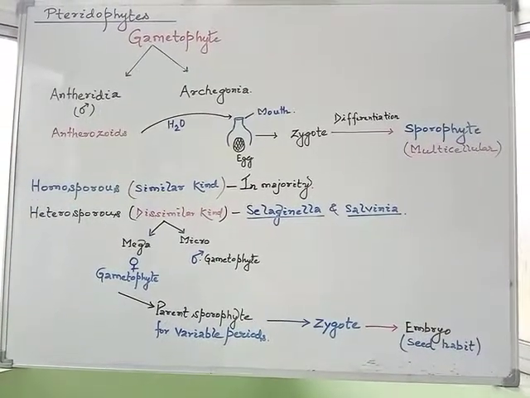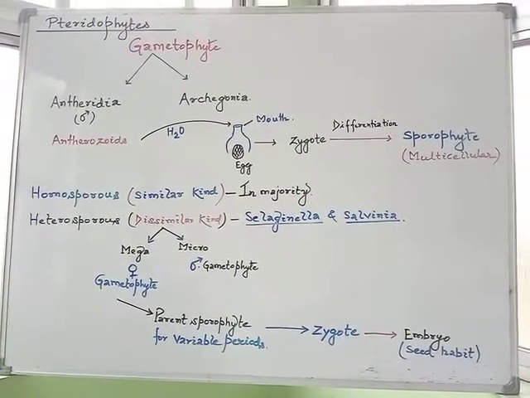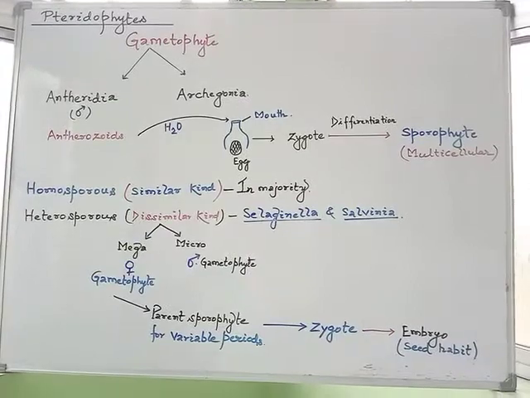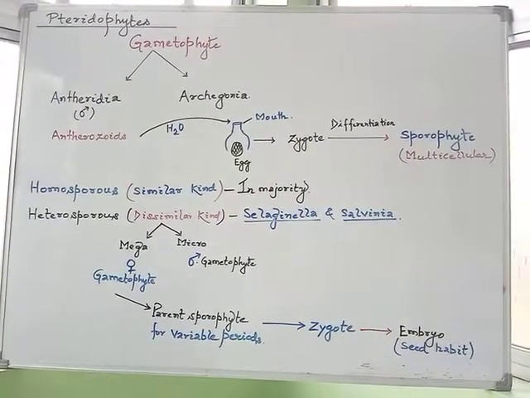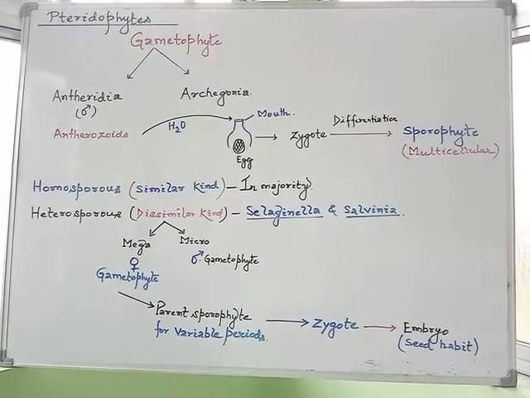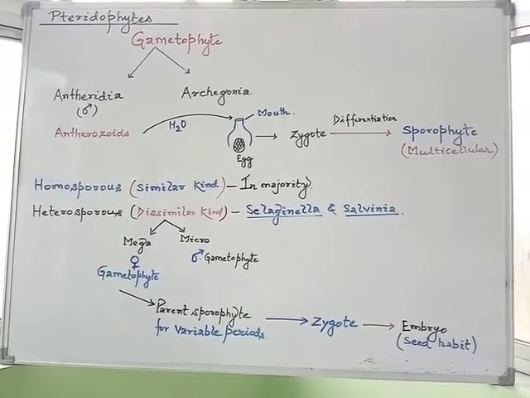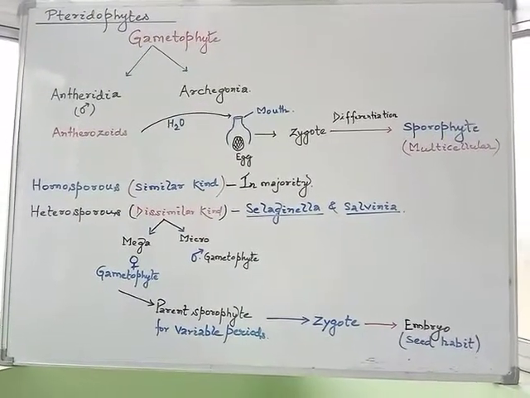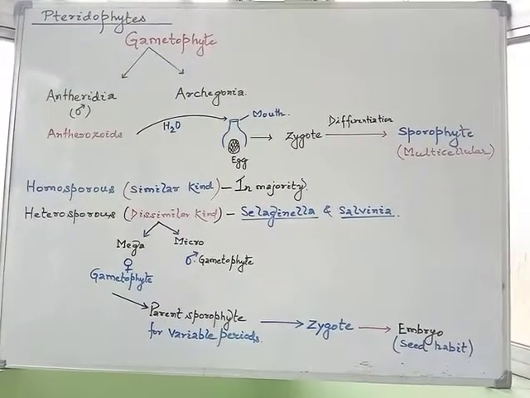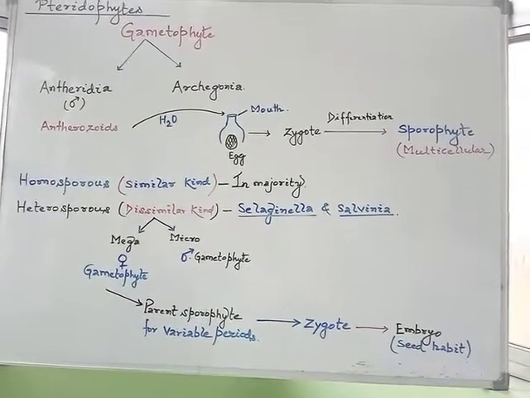As we have discussed, the sporangia, which contain the spores, are subtended by leaf-like structures called sporophylls, and in some cases these are compact in nature, forming the strobili or cone. The spores are formed by meiotic division.